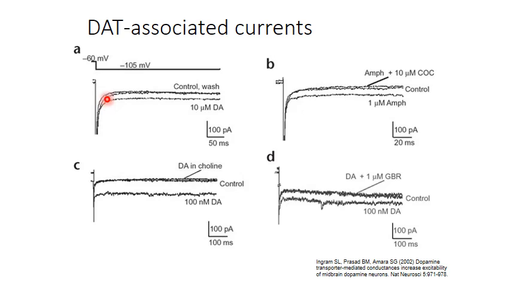So the difference between these two steady state levels would be the current associated with ions moving through the dopamine transporter.